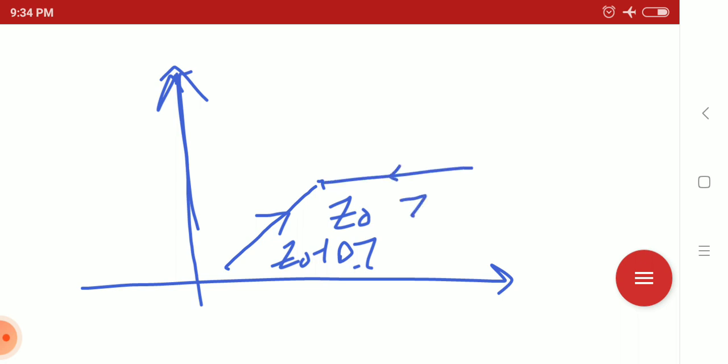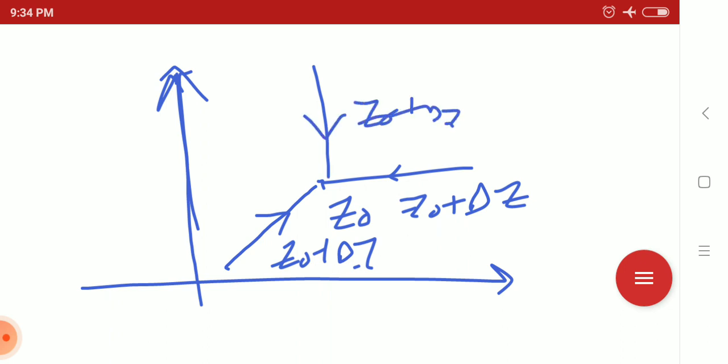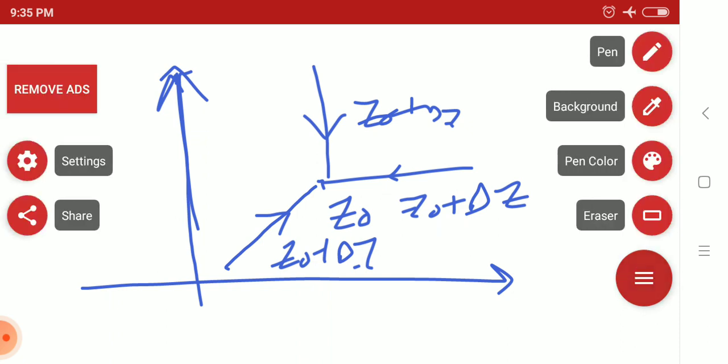So there are infinite ways of approaching the value z0 here. If we take some examples, it will be more clear how to check differentiability of a complex function.